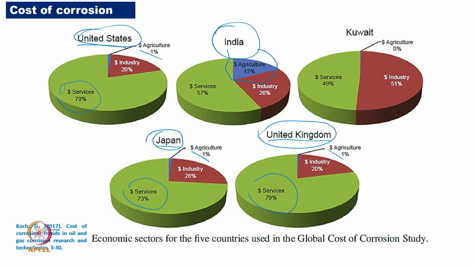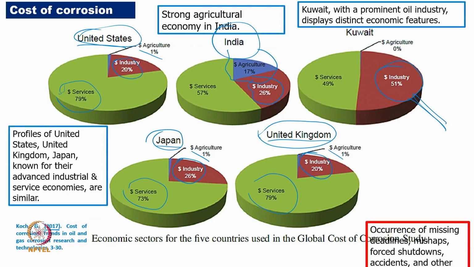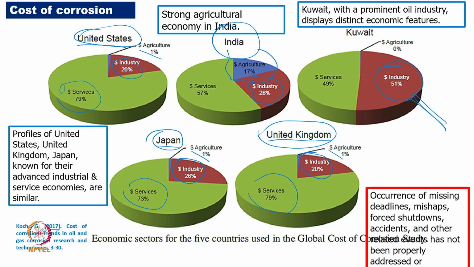Now come to Kuwait. They don't have agriculture, they have a lot of oil industry, and that's why 51% of the corrosion cost is because of the industries. In the developed countries, industry is 20% in the UK and 26% in Japan, and of course in our India also it is 26%. These numbers may vary from country to country, because there are different segments.